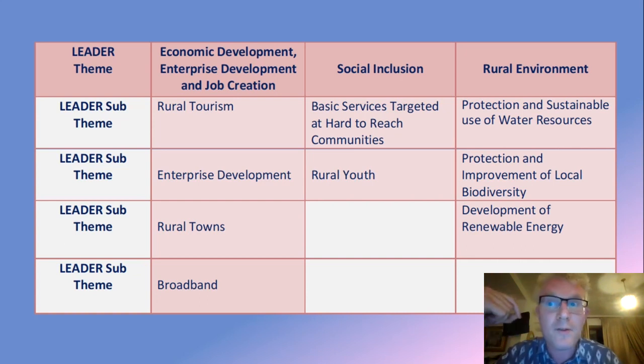And it is very important to note that, yes, these priorities have been set out by the European Commission and the national government here in Ireland, but local communities and LAGs were able to devise their own initiatives which were innovative in order to maybe resolve key challenges associated with these areas.